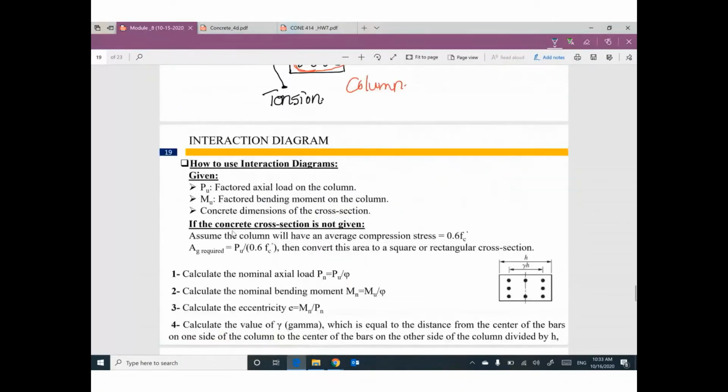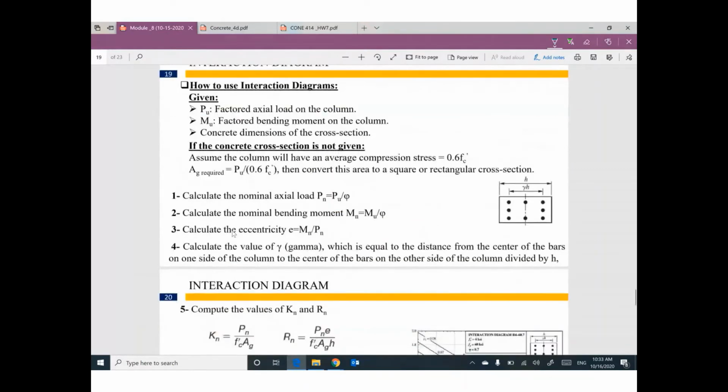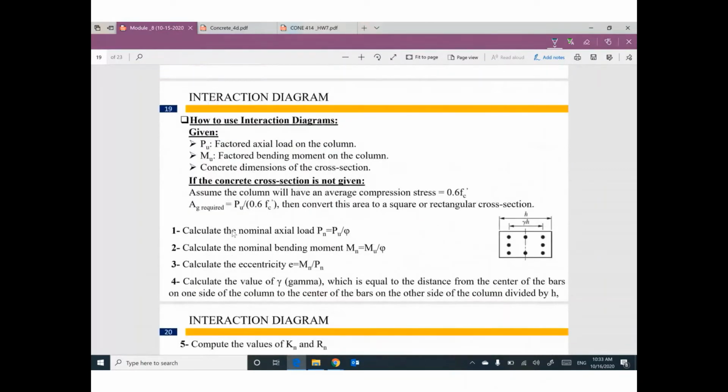How can I use the interaction diagram? Very simple. I will give you the ultimate load, P ultimate, and the M ultimate, and I will give you the concrete dimensions of the column cross section.